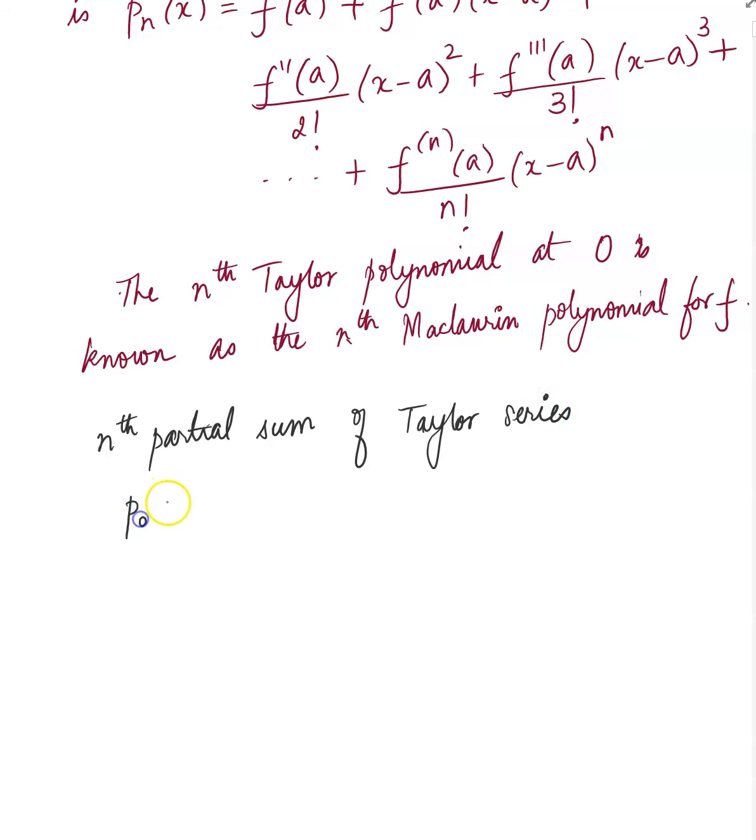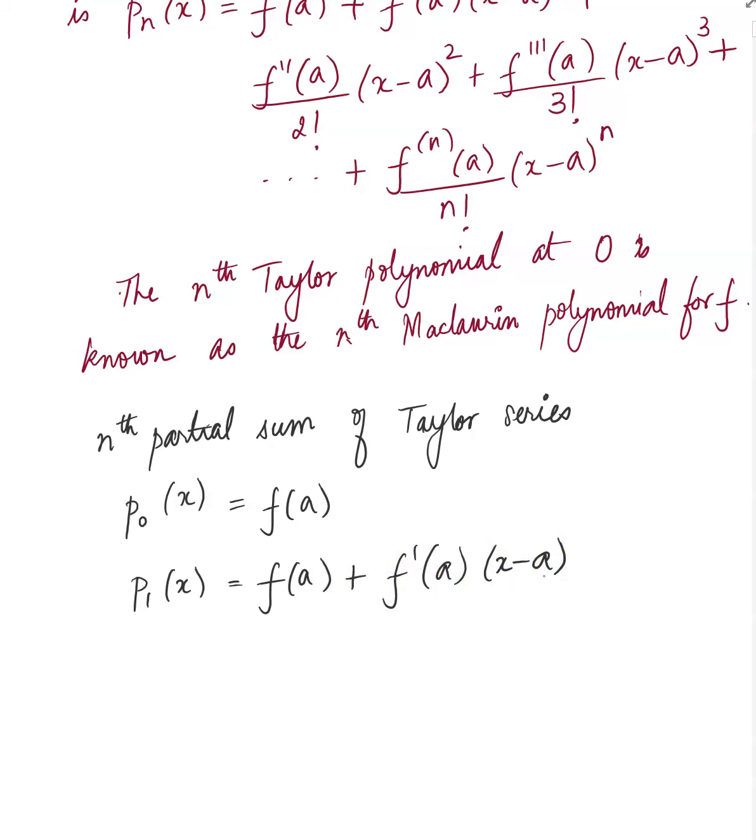So if you took P0 of x, meaning when your n is 0, you get f of a. P1 of x, you get f of a plus f prime of a times x minus a. That's how partial sums work, right? It's the previous terms' sum plus the current term that you're working on.